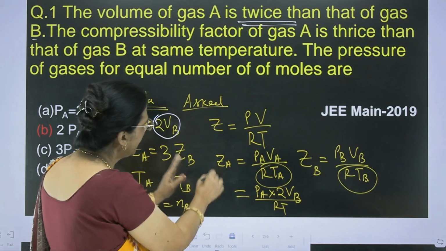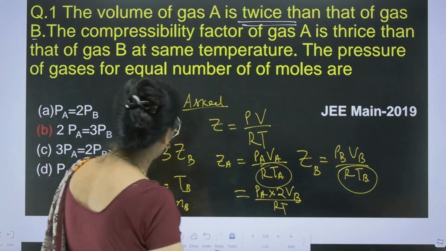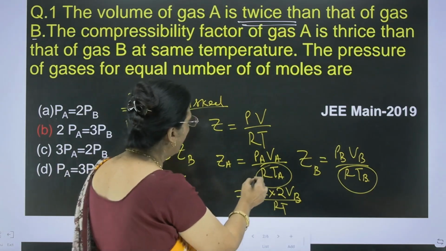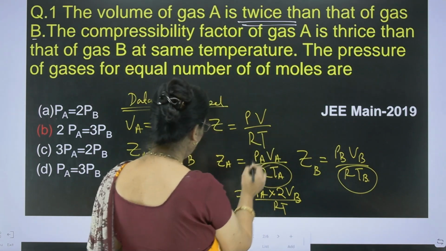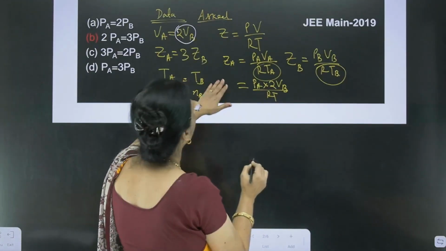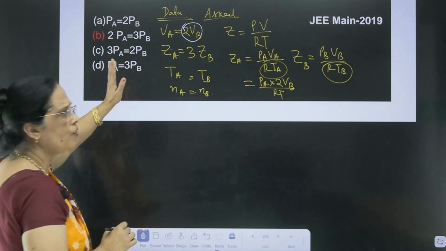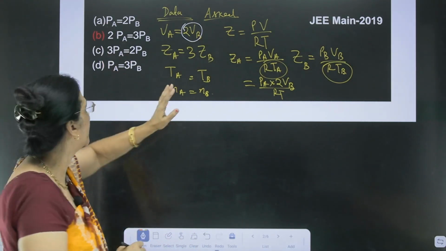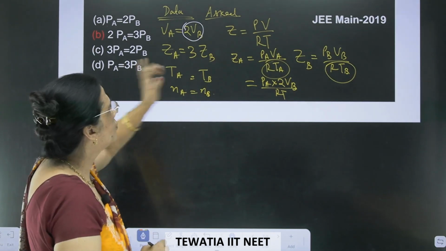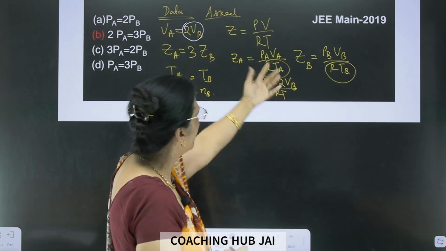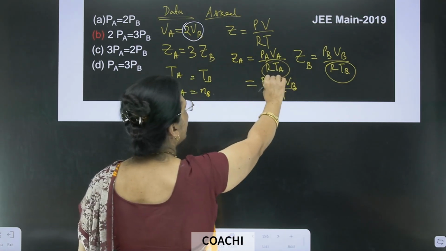Now let us take the relation ZA upon ZB. We have to find the relation between pressure A and pressure B, so from these two expressions we will be able to calculate the relation between PA and PB.